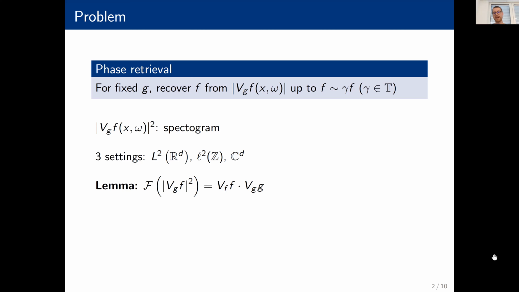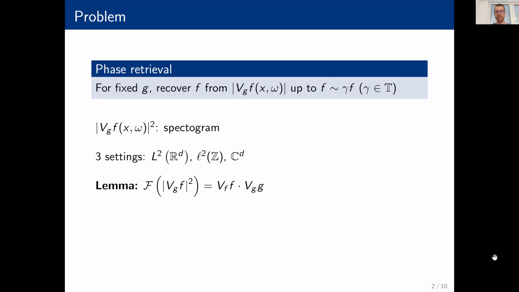And then on the right-hand side, we have a certain decomposition into 2 factors, where the first factor just depends on the signal f, which we want to recover. And the second factor only depends on the window g, which we know. So what we basically would like to do is to solve this equation for V_f f, because this is the part we don't know anything about so far.